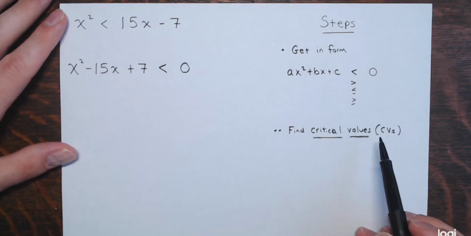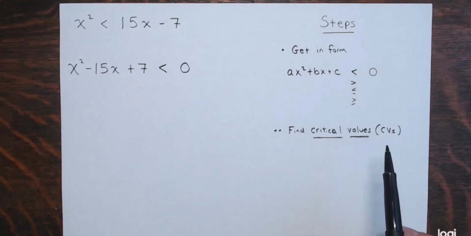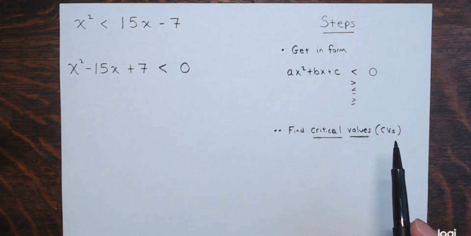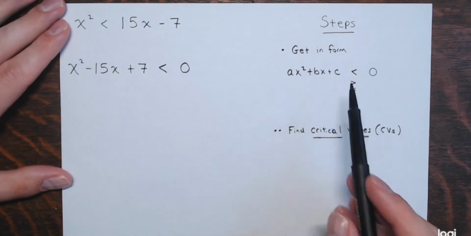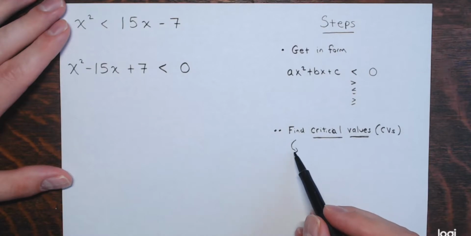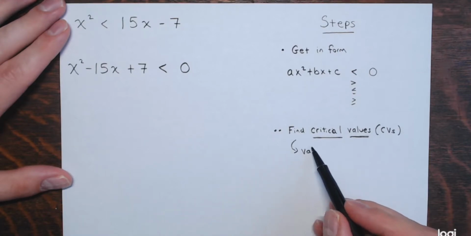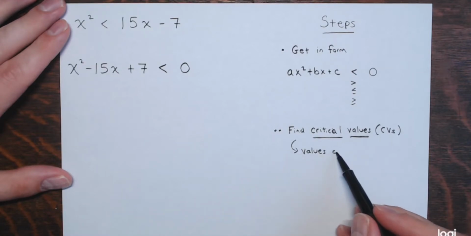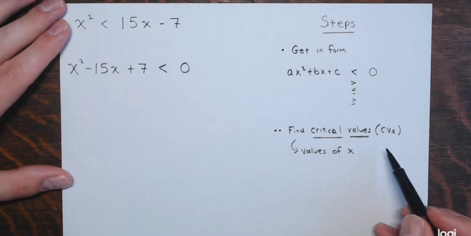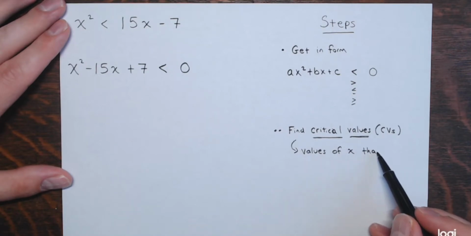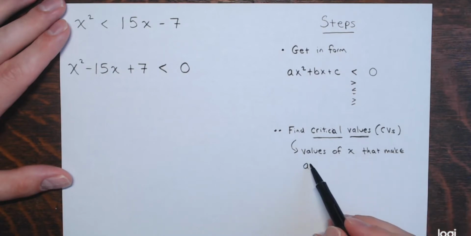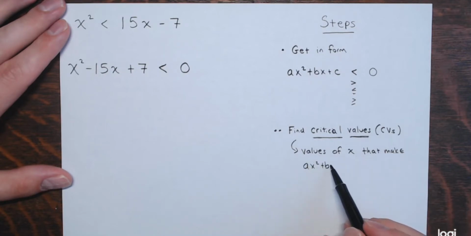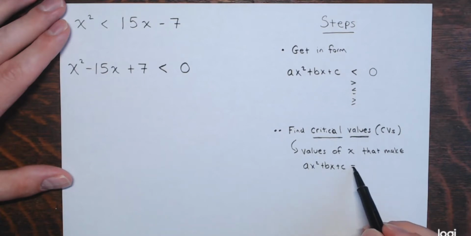Getting a fraction on one side and 0 on the other. So here I'm just looking for the numbers that make the polynomial 0. So basically, these are the values of x, or values of the variable. In this case, it is x. Values of x that make ax squared plus bx plus c, that quadratic polynomial, equals 0.